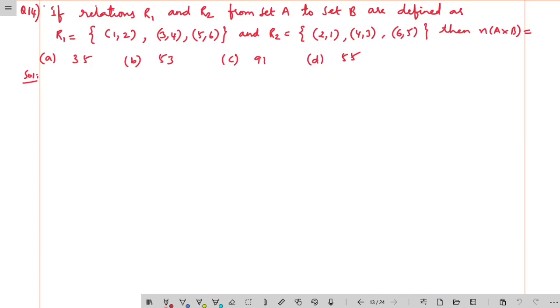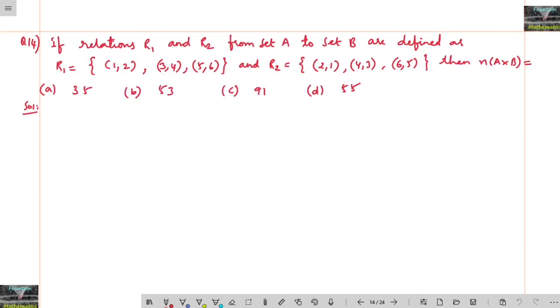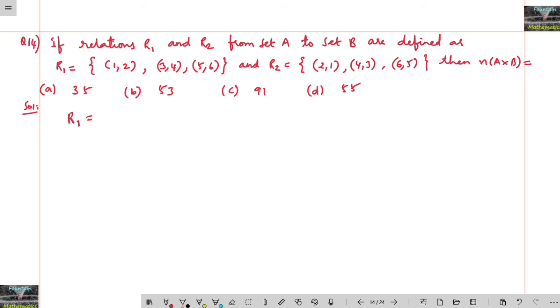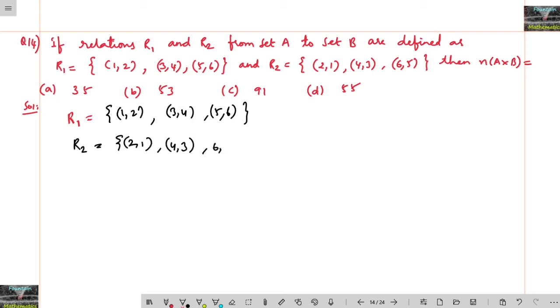Question number 14. If the relations R1 and R2 from set A to set B are defined as R1 is equal to (1, 2, 3, 4, 5, 6) and R2 is equal to 2, 1, 4, 3, 6, 5.